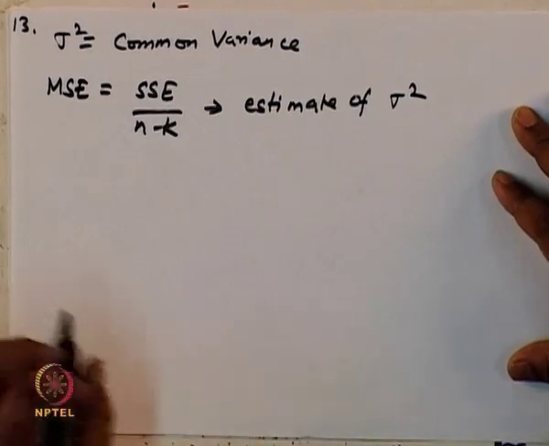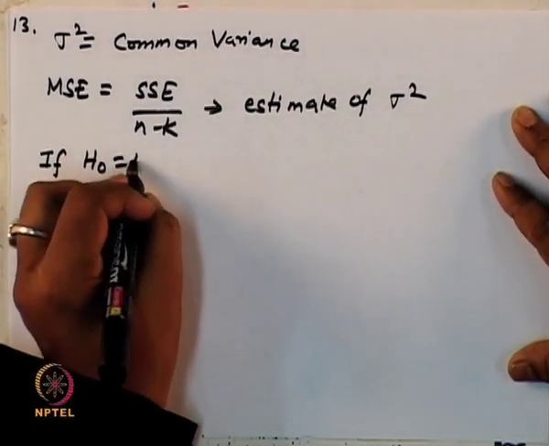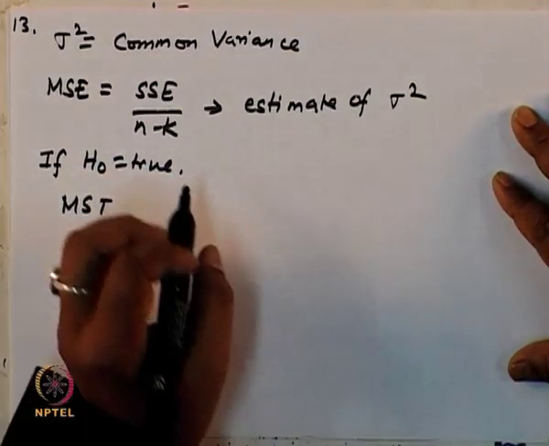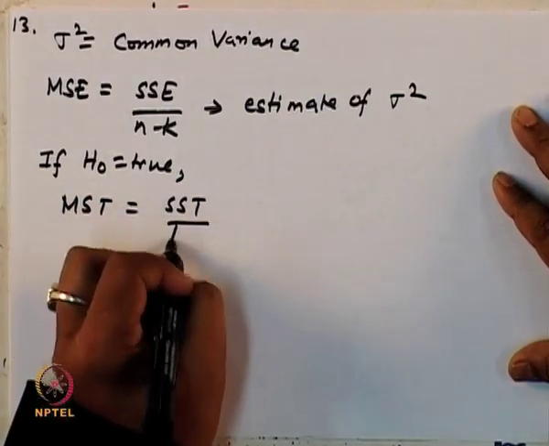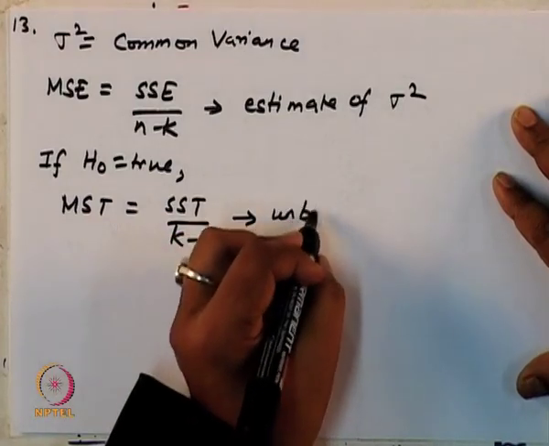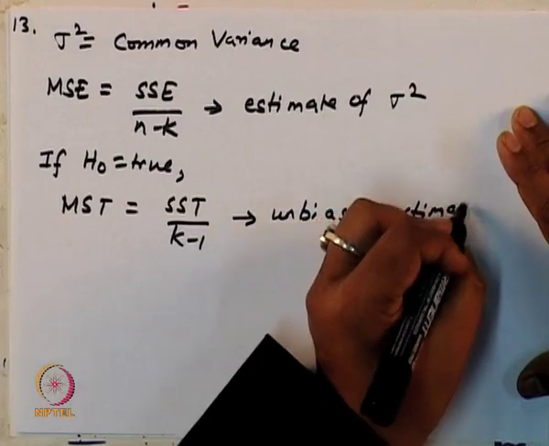And if your H naught is true, then your MST, which is SST by k minus 1, should give you an unbiased estimate of sigma square.